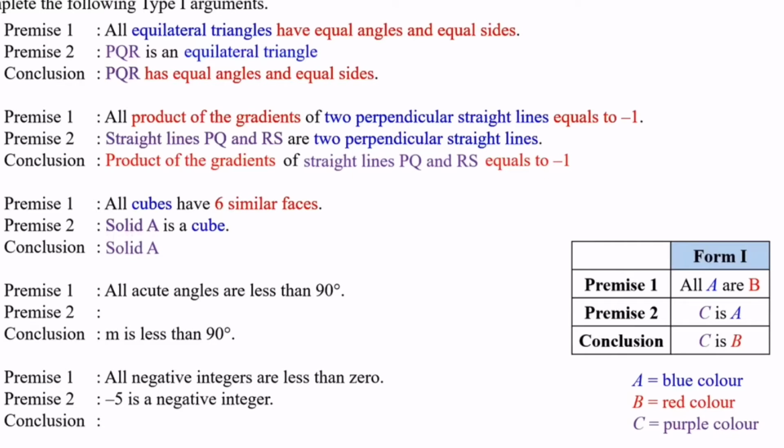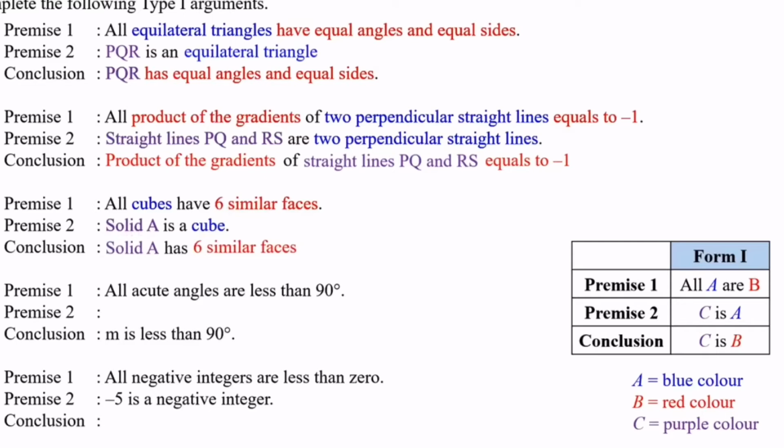So for question number 3, solid A is C, and C is B. Solid A has 6 similar faces because B is in red color, so purple will match with red color. We use color so that we are aware of the pattern of Form 1.